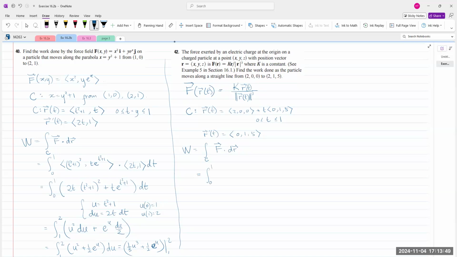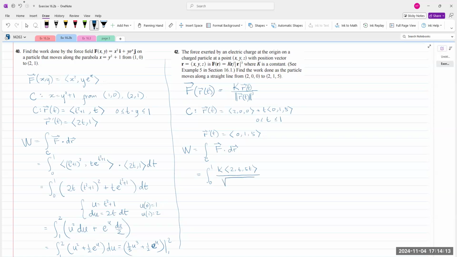The force field F will be k times r(t). What is r(t) again? r(t) is (2, t, 5t), is it right? You put this together, 2, t and 5t, over the magnitude of that.